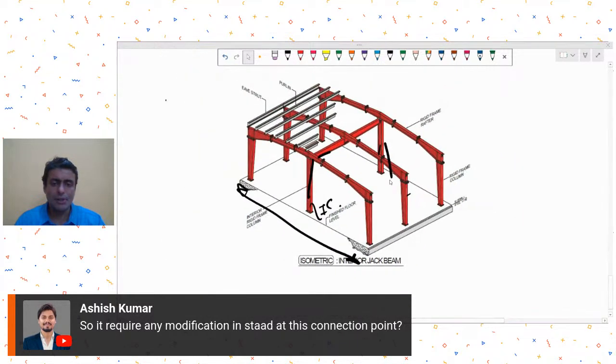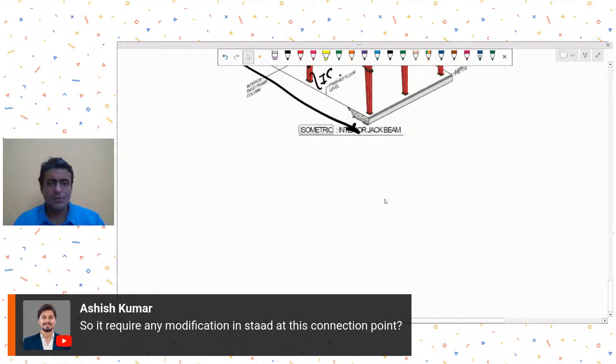I'll show you another picture where the jack beam is connected at the ends. There your rafters may face a problem of torsion. Like this. So here you see another image.